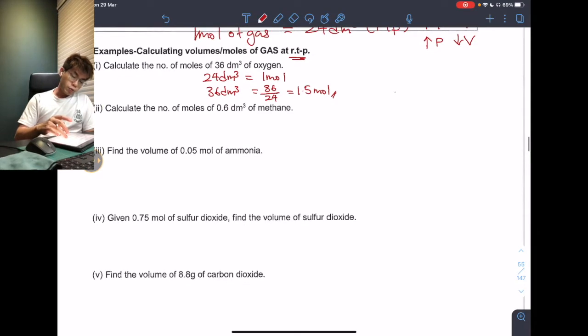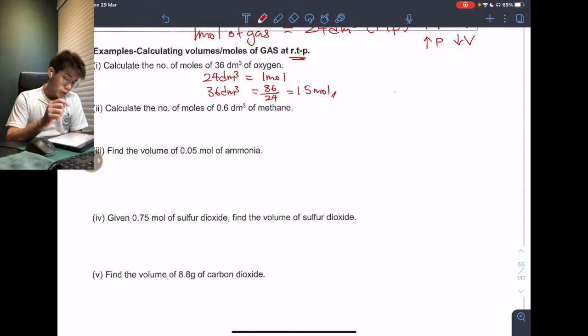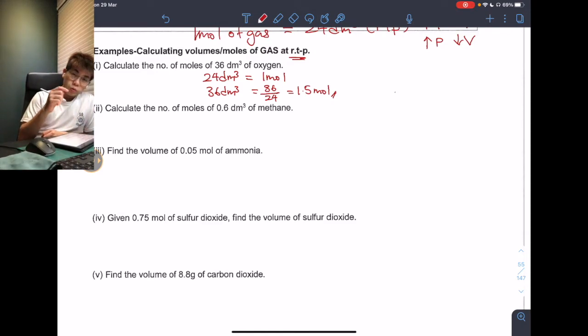Calculate the number of moles of 0.6 dm cube of methane. Again, methane is a gas, so I just need to use molar volume, 24 dm cube. So let me try using the formula. The formula states that mole is equal to volume in dm cube divided by 24. Okay, 24, the magical number. Over here, I want to find mole.